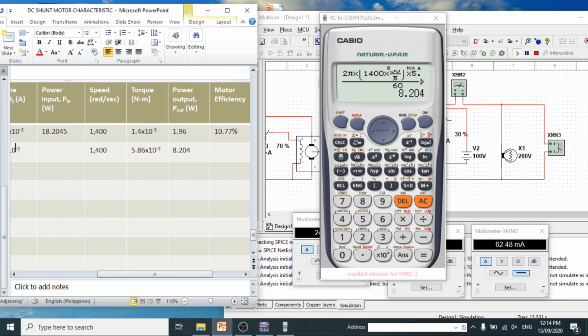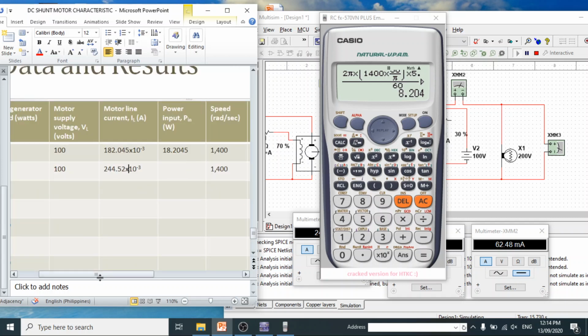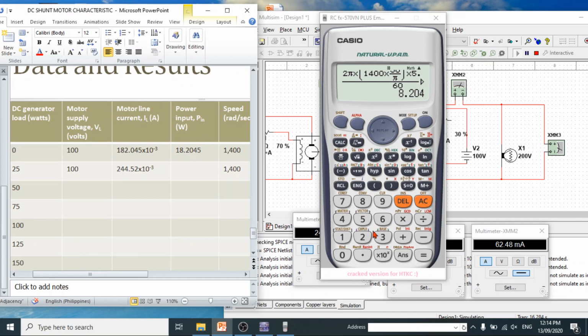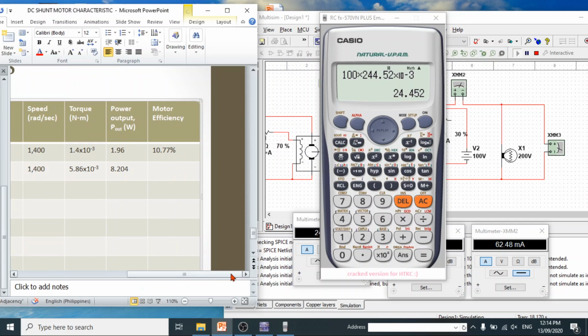The input power is basically the product of the voltage and the current. So that's 100 times 244.52 times 10 to the negative 3, which is 24.452 watts. Then we calculate the efficiency.